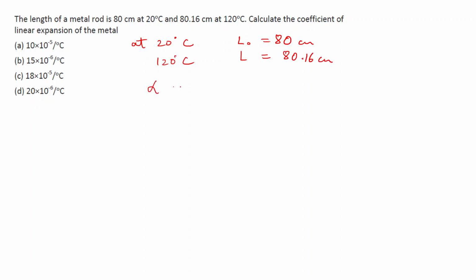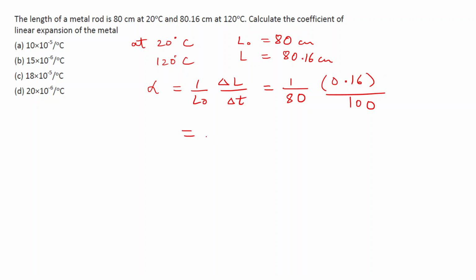This is what we have to calculate, which we know. This is the formula, the change in length and change in temperature, 1 over L naught. So L naught was 80 centimeter. The change in length, if we subtract, we'll get 0.16. And the change in temperature is 100 degrees centigrade.